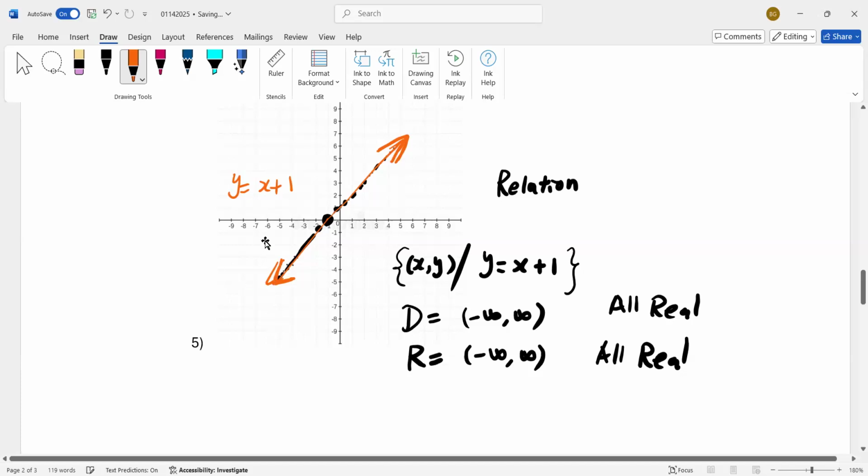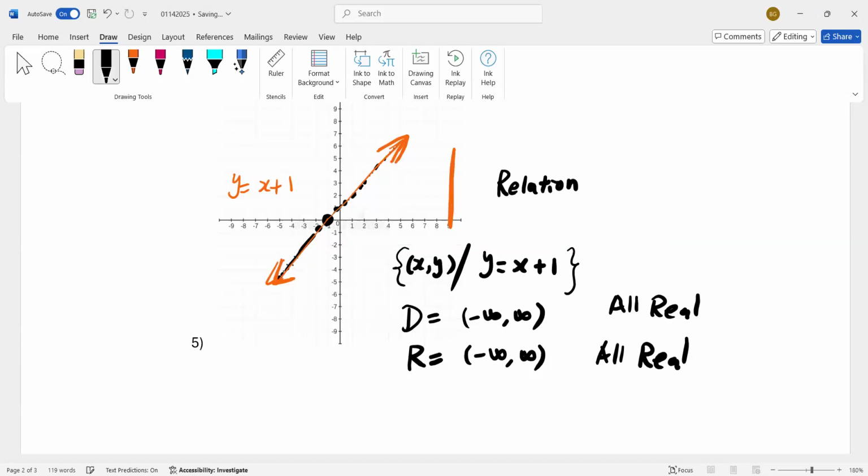Horizontally speaking, does this graph have a boundary on the left side, like a stop somewhere on the left? And on the right side, does this graph have a boundary, like stopping here or somewhere?